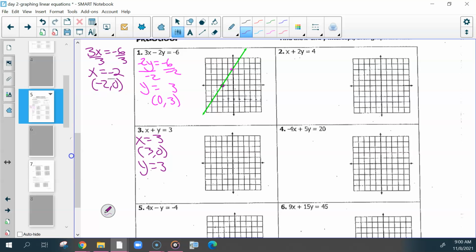And same thing for y, except 0, 3. So I could plot both of those points and draw the line in between them, or through them.